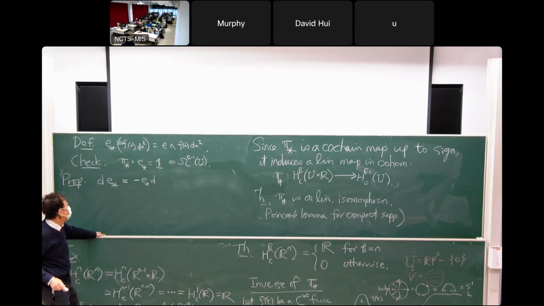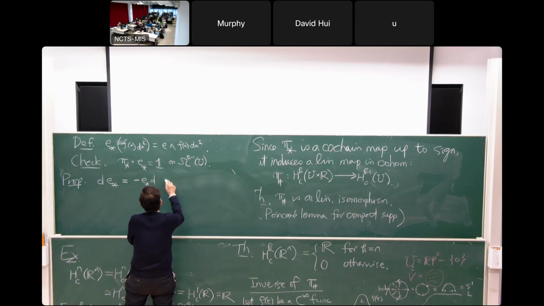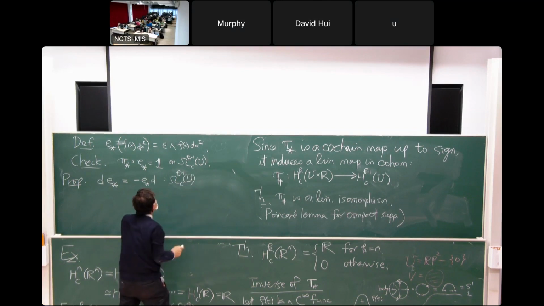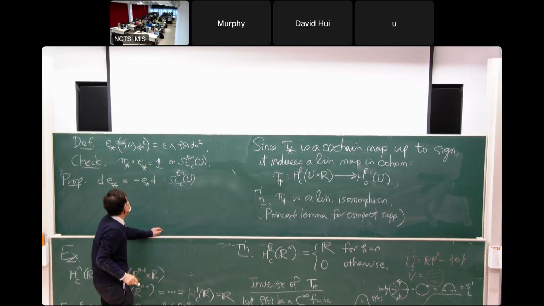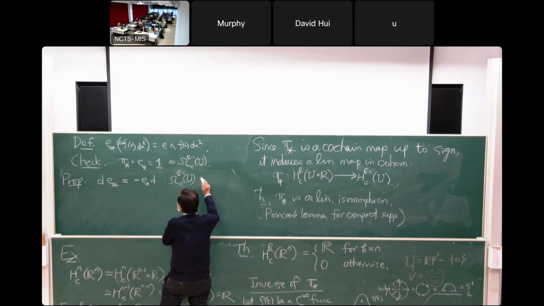Okay? And this would go from, let me see, omega k minus 1. Oh, this we want compact support, right? Yeah. D increases the degree by 1, and E increases the degree by 1. So actually, you increase the degree by 2.